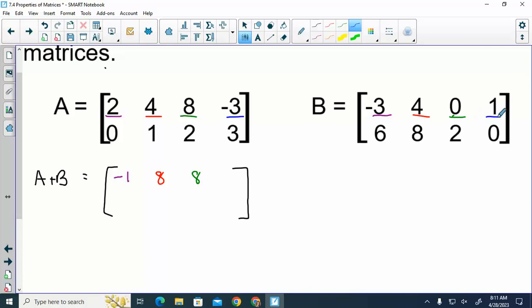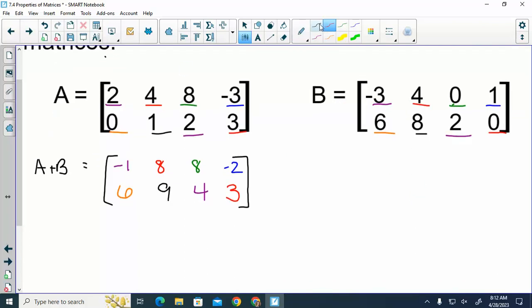Negative 3 plus 1, 0 plus 6, 1 plus 8, 2 plus 2, and 3 plus 0. Is that okay?